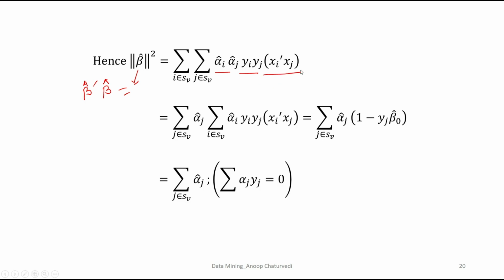We simply substitute the values of beta hat here, and then we get summation over j belonging to SV alpha j hat.